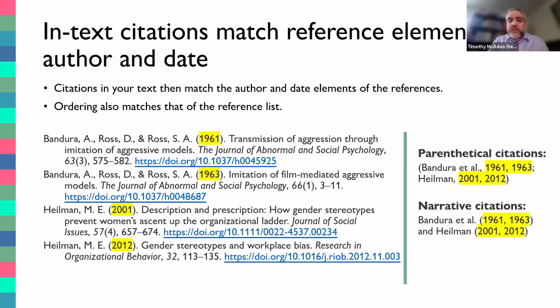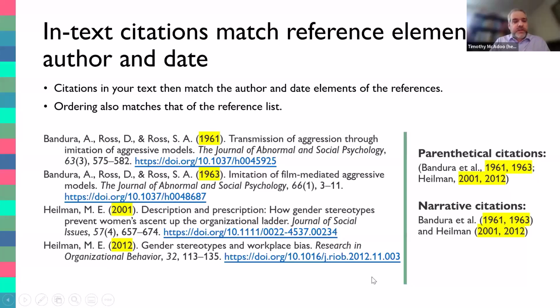So the Bandura references have three names and they use the et al. form, and your citations are Bandura et al., 1961, 1963, and the citations for the Heilman reference are simply Heilman 2001 or Heilman 2012, or if you put them together, they'd be Heilman 2001, 2012.